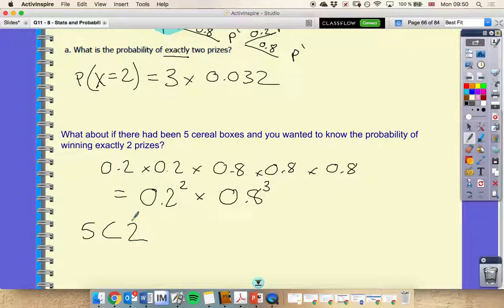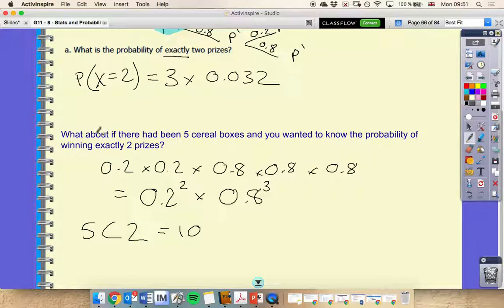What is 5 choose 2? Laura, how would you work out 5 choose 2? Or the triangle. Yeah, either way. And it is 10. Okay. So there are 10 paths that will lead us to exactly 2 prizes and 3 cereal boxes with no prizes. All of those paths will have 2 0.2s and 3 0.8s multiplied together in various different orders.